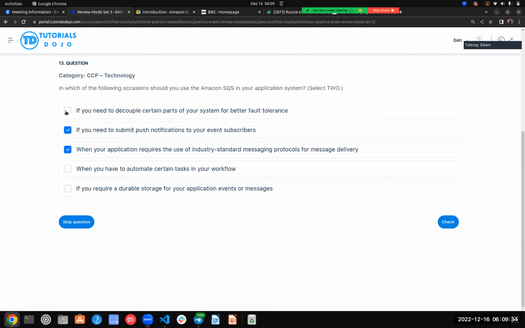I was having doubts between B and C and D. So you see, B and C. Yeah. So remember, you should use SQS in your application system. Select two. Is SQS used for push notifications?